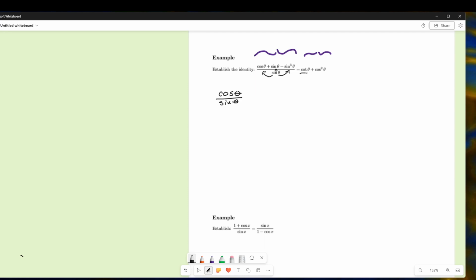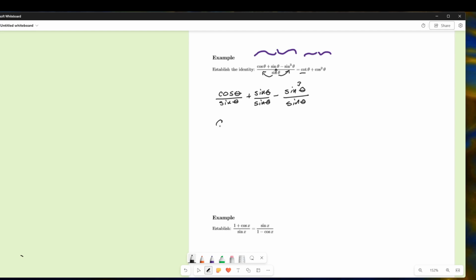Oh, and we need one, so that might be handy. Plus sine theta over sine theta, which of course will turn into a 1, minus sine to the third theta over sine theta. Oh, and we'll get some canceling there. So that looks promising. Let's see what happens.